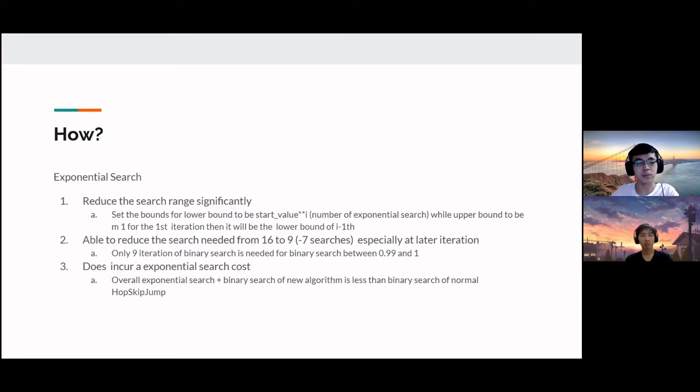We do this by setting the lower bound to be the start value, which is an arbitrary value. However, we have chosen 0.99 as the most suitable value, as we will discuss later, and we raise this start value to the power of the number of exponential search iterations currently. For the upper bound we choose the previous value of the lower bound.